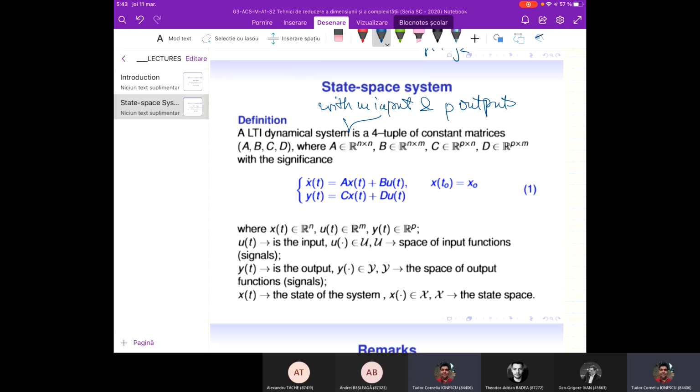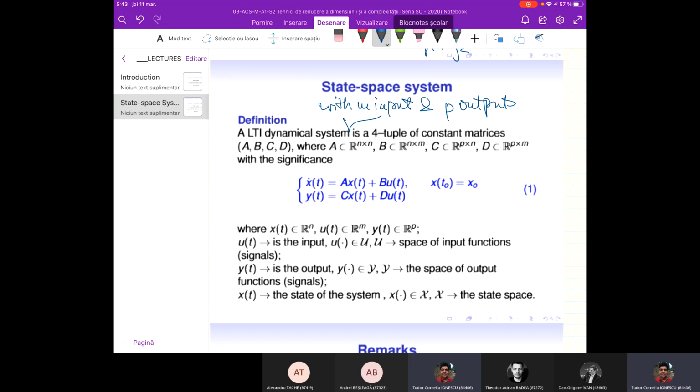The first equation is x dot of t equals Ax plus Bu, so these are the dynamical equations, the ordinary differential equations set up in this matrix form. So there are n first order differential equations with n unknowns, and they are written in this matrix form here.